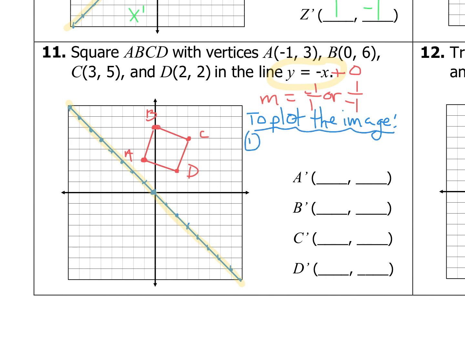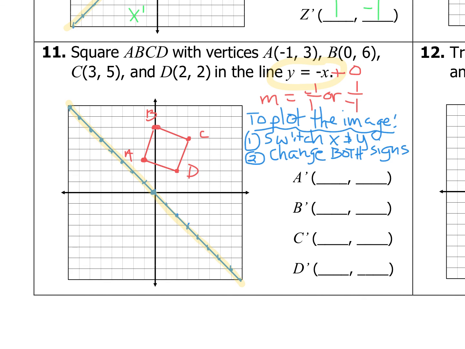So thing one is you are going to switch, just like we did before, with the y equals x. You're going to switch the x and y. But you are also going to change both signs, not just the x or just the y, but both signs.